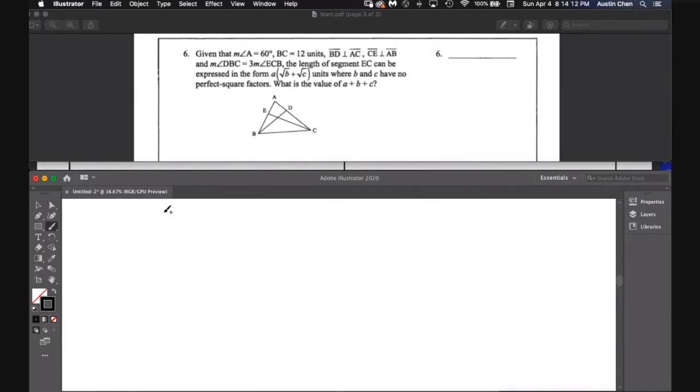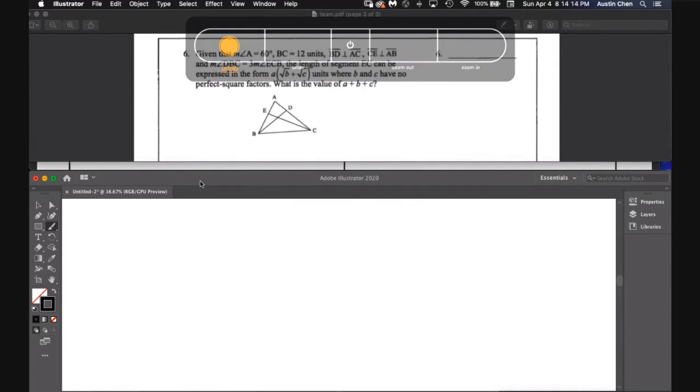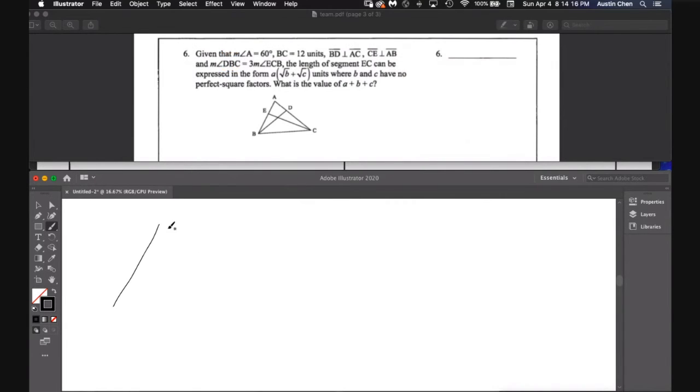So we're given some information about this triangle. We should try to write out all the information, or as much as we can, and see if we can figure out anything. So it said that A was 60 degrees, and BC was 12 units.